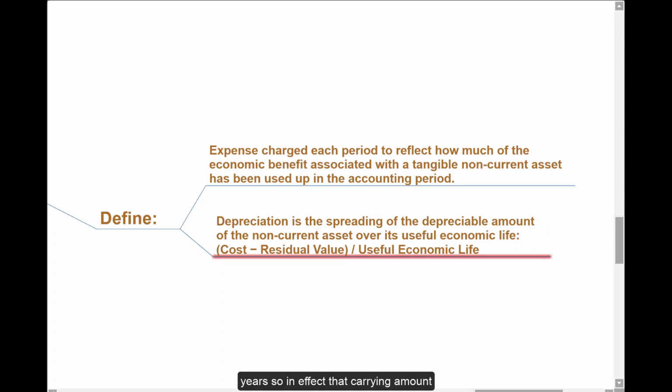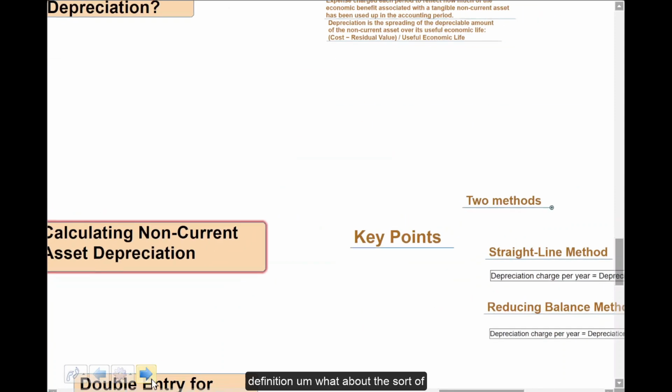So that carrying amount, or the book value, will fall and fall towards the residual value, for argument's sake $5,000, or maybe the residual value is zero. Maybe we think that the car itself will have no value after 10 years. Okay, so that's the definition.